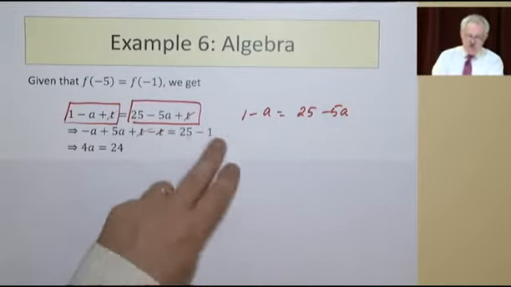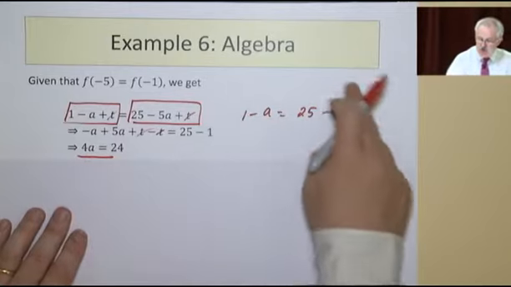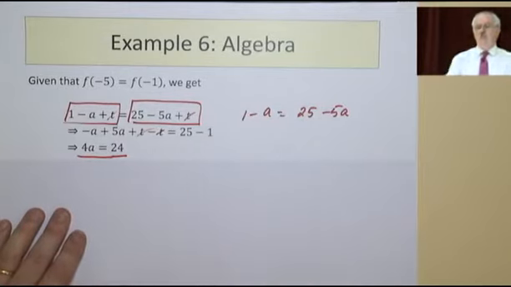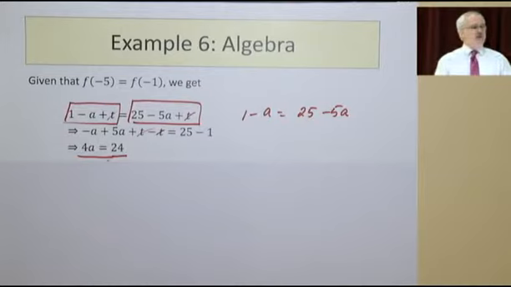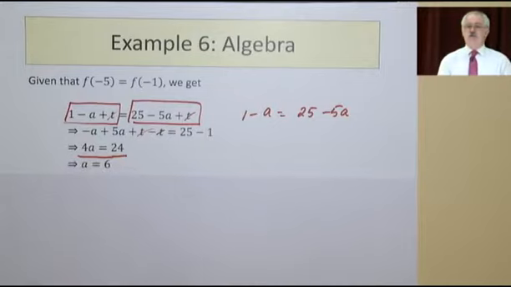If we took the a's over to the other side, we'd get 4 a's on this side, and taking the 1 to the other side, we'd get 24. If 4a is 24, what's a? We don't like the 4, we divide by 4, a is 6.